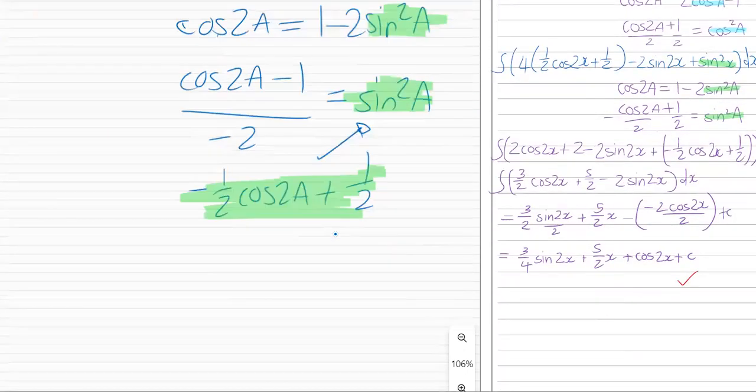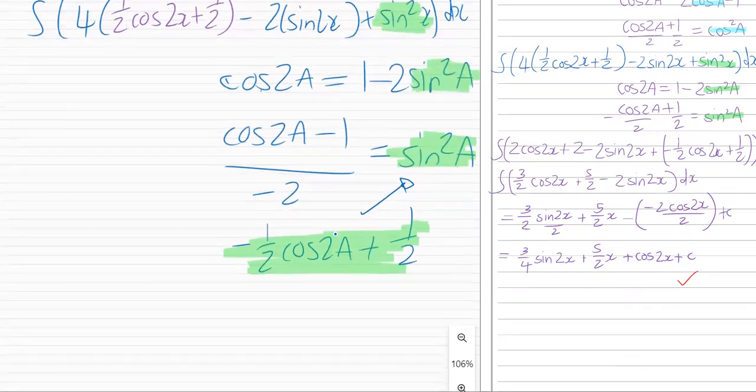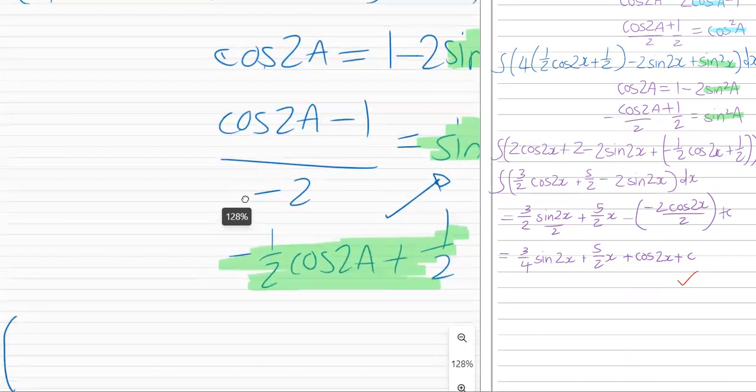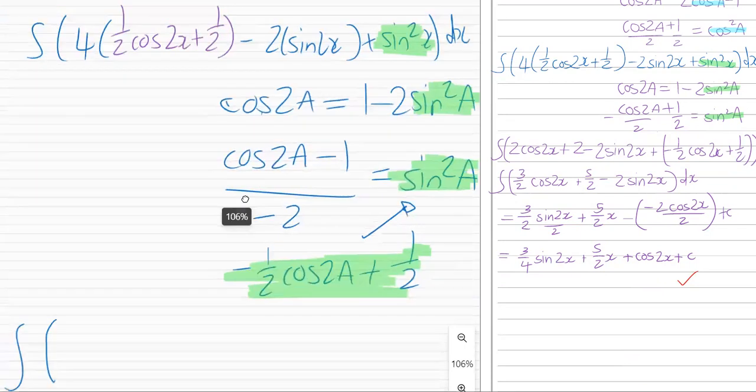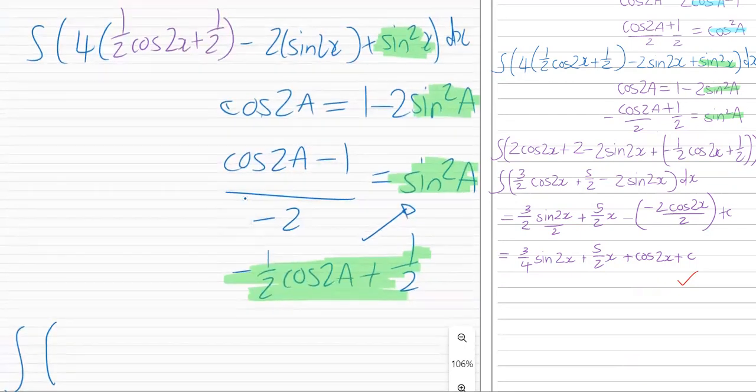Let me write it in. So we're integrating. I just want to times that 4 in. So keep the bracket going. 4 divided by 2 is 2, so 2 cos 2x. That was just timesing it in there. And then we're timesing it into the half plus 1/4.